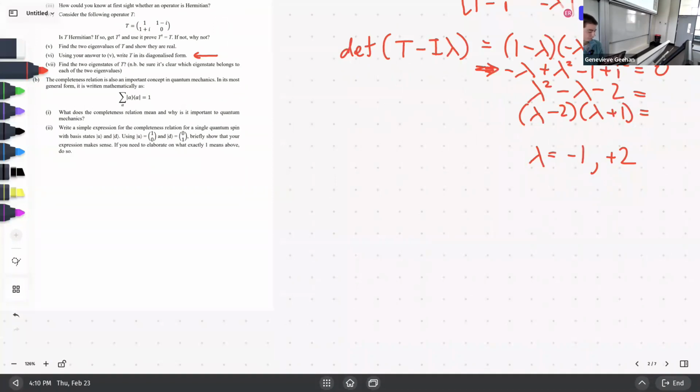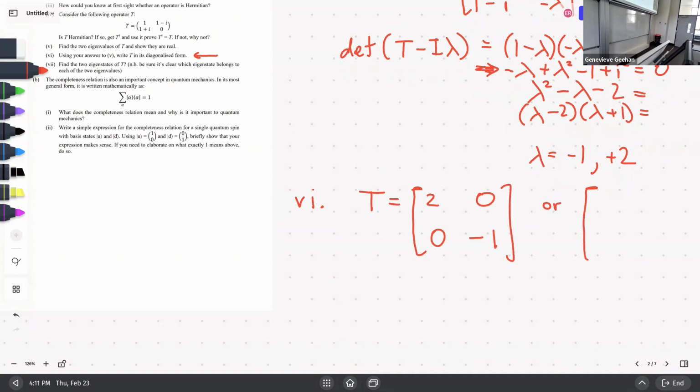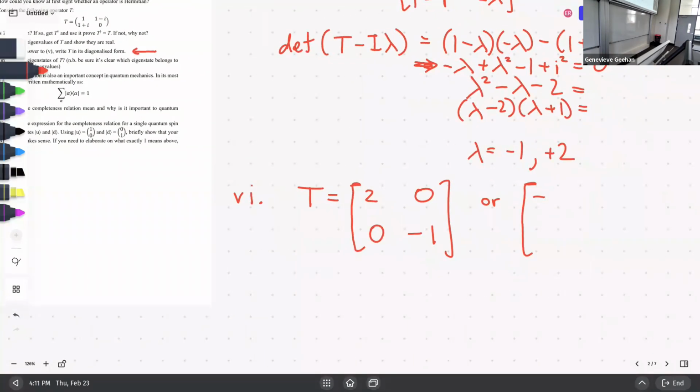You've probably forgotten this from your math course. So you just have to remember that the elements of the diagonalized matrix are its eigenvalues. So you just write down the eigenvalues. It could be either like this or like this.